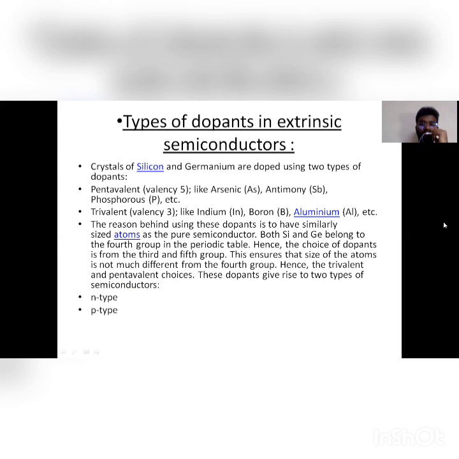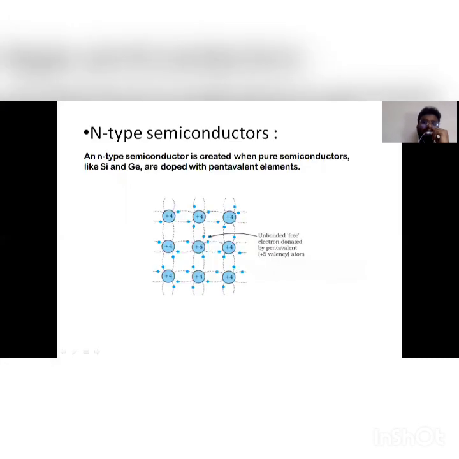These dopants give rise to two types of semiconductors: N-type and P-type. N-type semiconductors. An N-type semiconductor is created when pure semiconductors like silicon and germanium are doped with pentavalent elements. As we can see, unbonded free electrons are donated by the pentavalent atom.